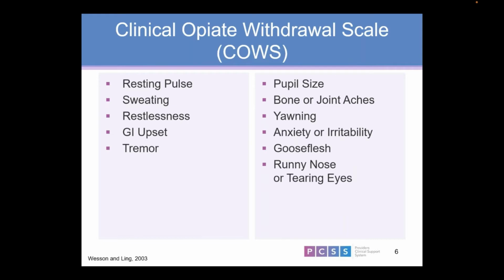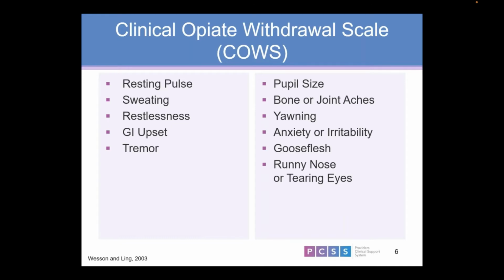They can talk about nausea, but on occasion they're so far into withdrawal they may actually be sick to their stomach. But I've never had anyone vomit in the office. Tremor is easily identified early on. They can feel tremulous, but certainly as time goes on, you can see mild tremor.